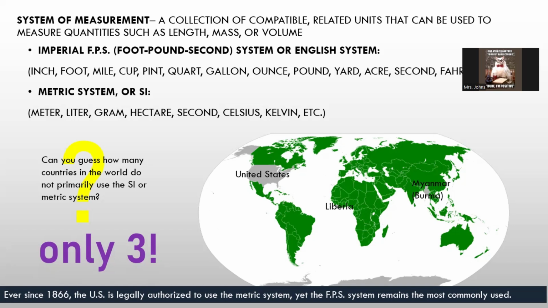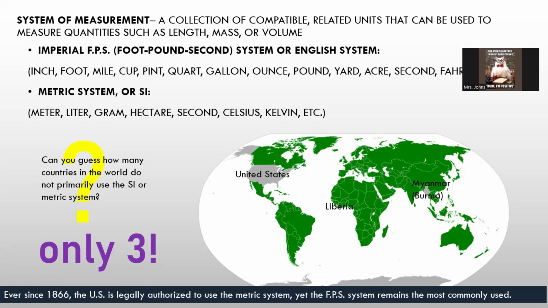Even though the United States legally authorized the use of the metric system ever since 1866, we always use the foot-pound-second system. It just keeps on being the most commonly used.